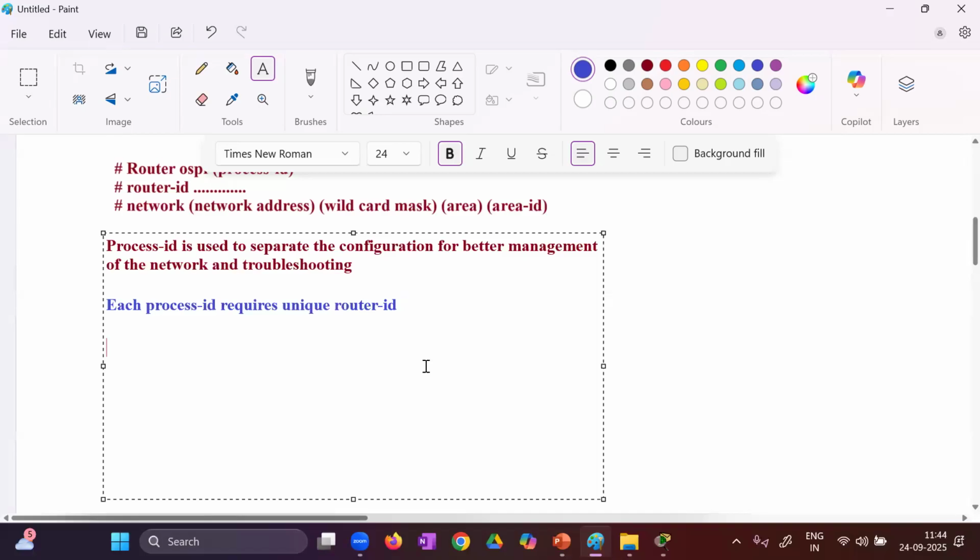And one more thing, one extra line you can write, that process IDs do not play any role in neighborship.